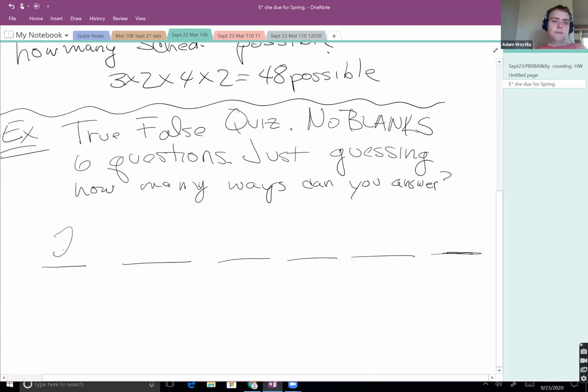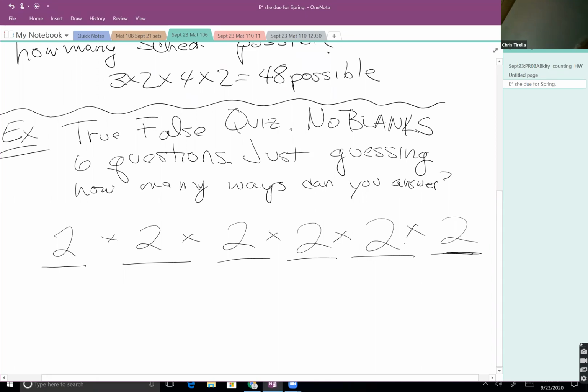For the second question, how many? 2. Next, 2, then 2, then 2, then 2. And the counting principle tells me to multiply those. So wouldn't this be 2 to the 6, which is 2, 4, 8, 16, 32, 64 ways.